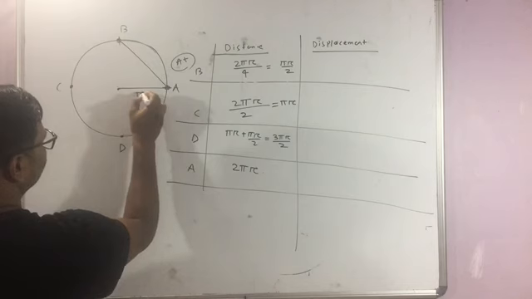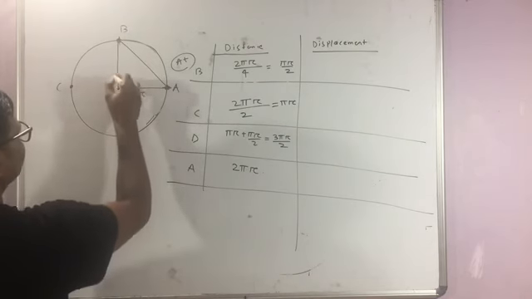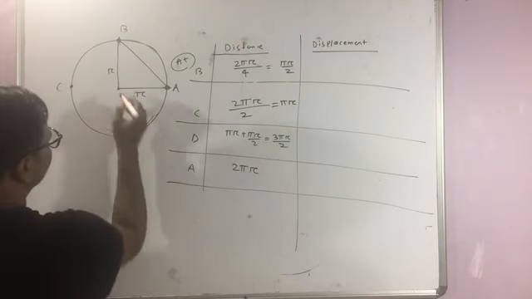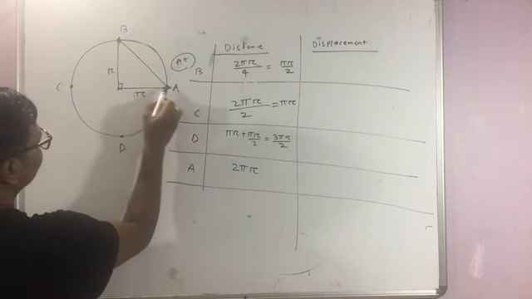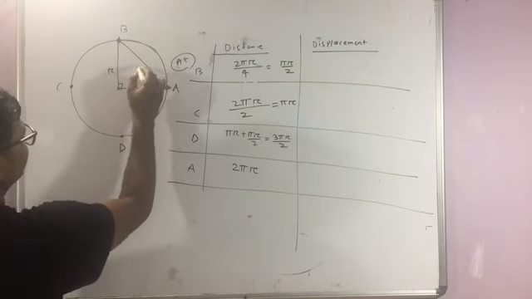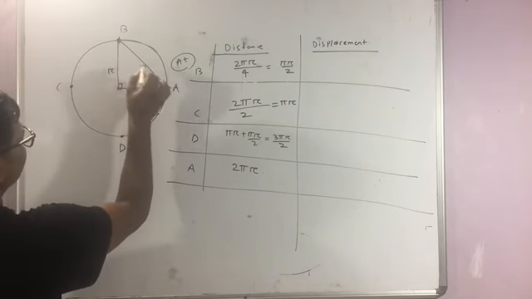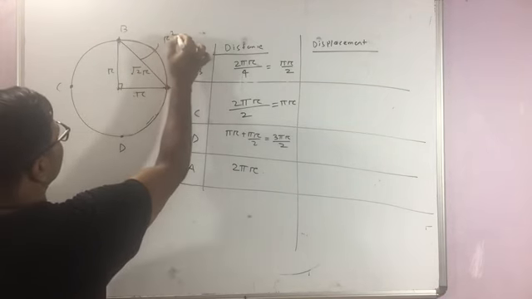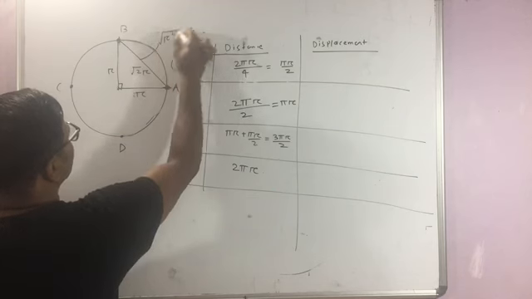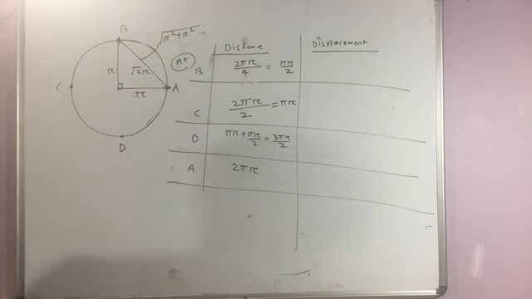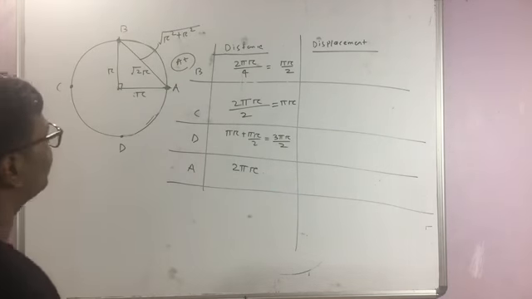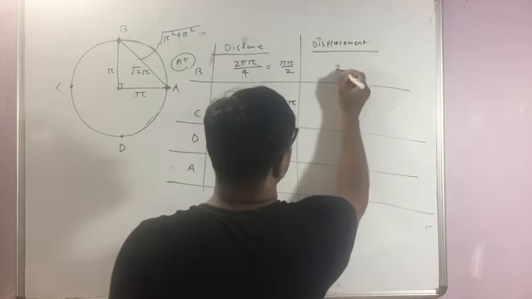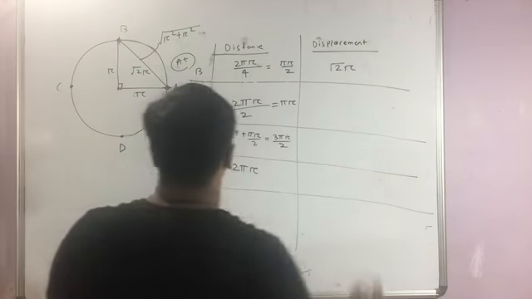This length is r, the radius. This length is r. If you see some geometry, this angle is 90 degrees. So it would be the square root of r square plus r square, which is root 2 r. So the magnitude of the displacement is root 2 r.